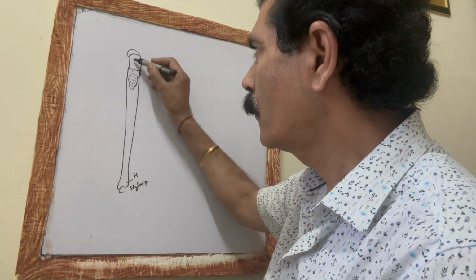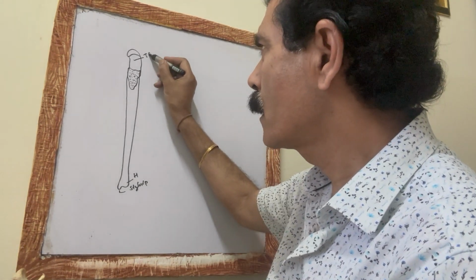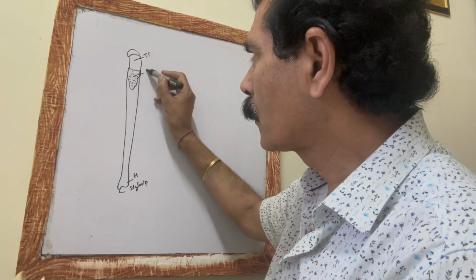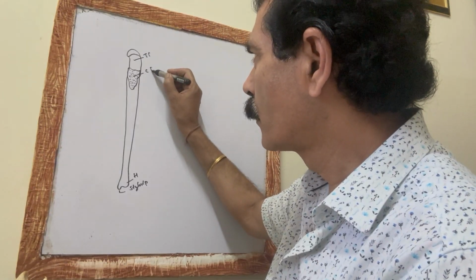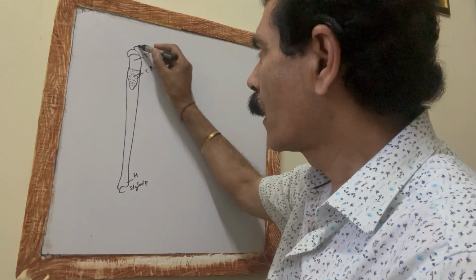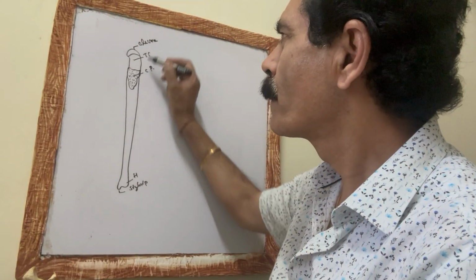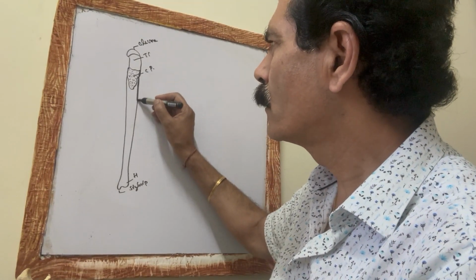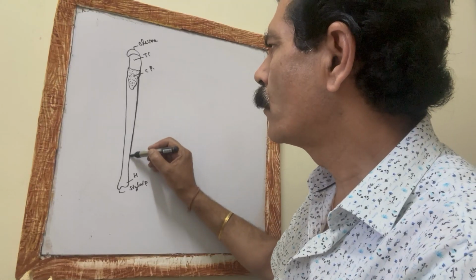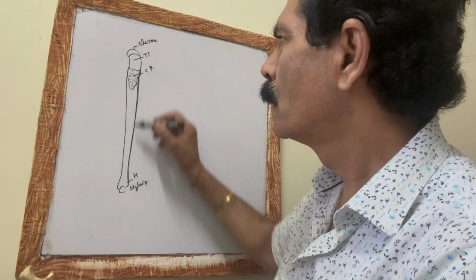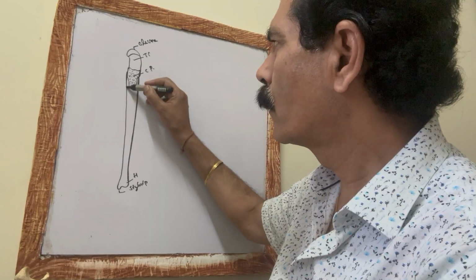So this is the trochlear fossa, this is the coronoid process, and the uppermost part is called the olecranon. This is the shaft of the ulna. So there is a medial border and a lateral border.